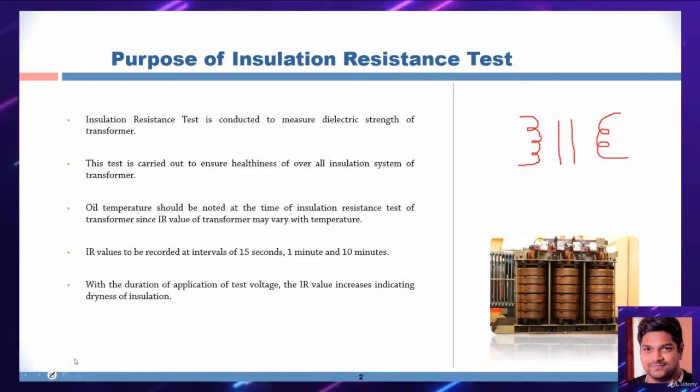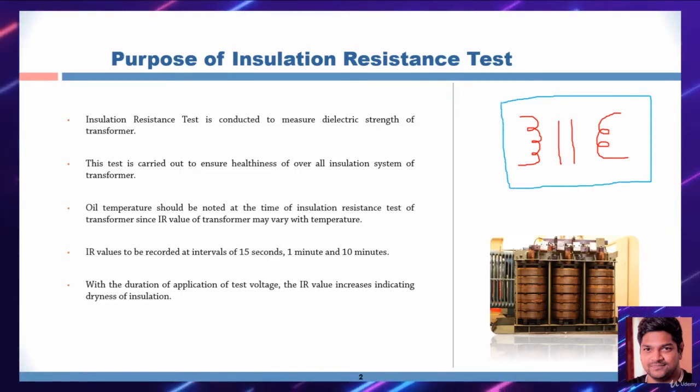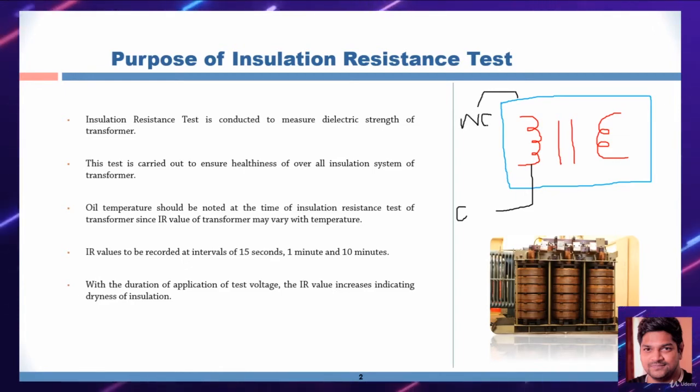There are two types of parts in any electrical device, and in a transformer also, and those two types of parts are nothing but the conductive parts, which carry the electrical current, and the non-conductive parts, which do not carry any type of electrical current.